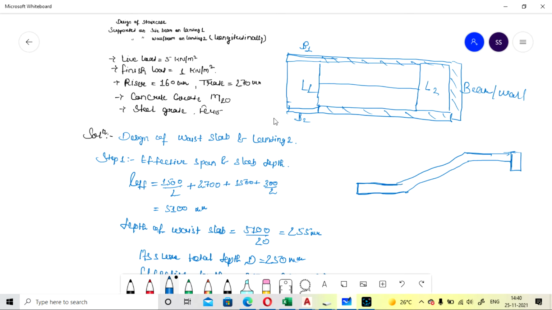So in plan it will be shown like this. Sorry, in elevation it is shown like this. If we cut this section, B1 will be seen. So this is how it is supported.